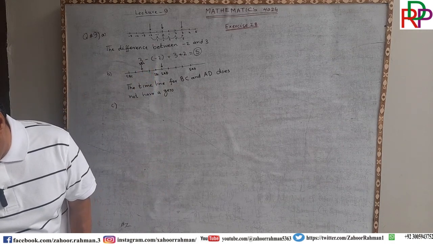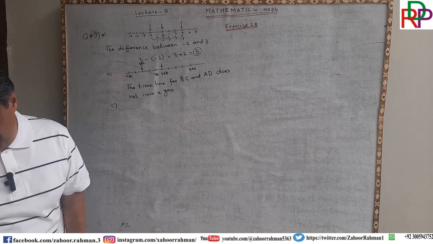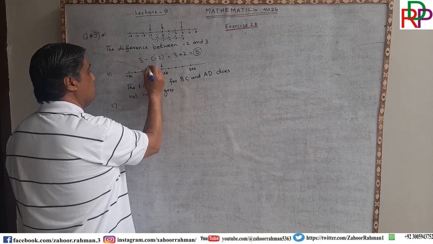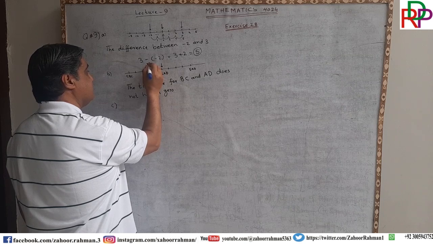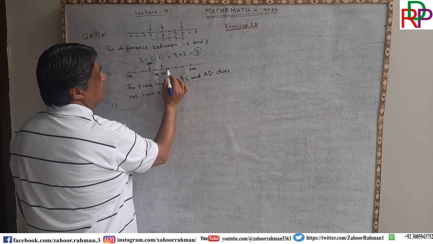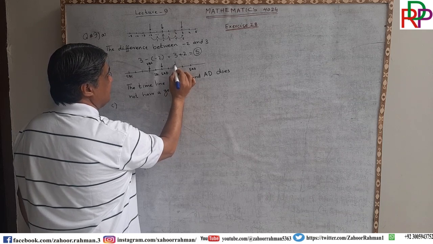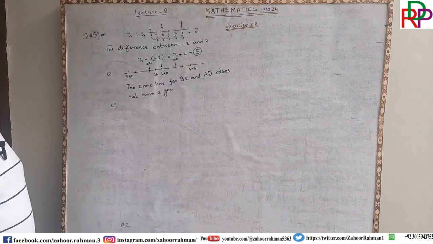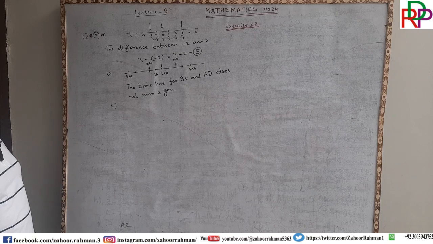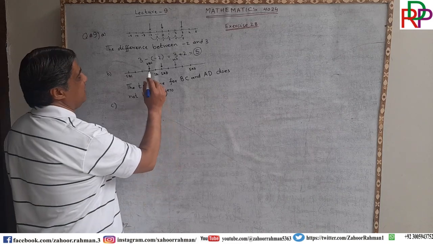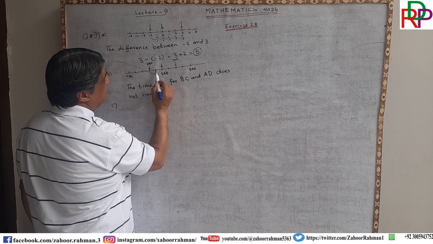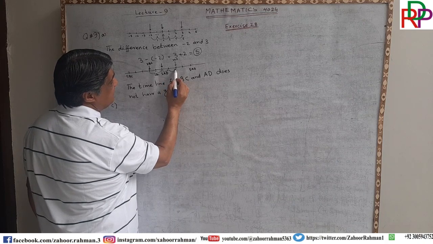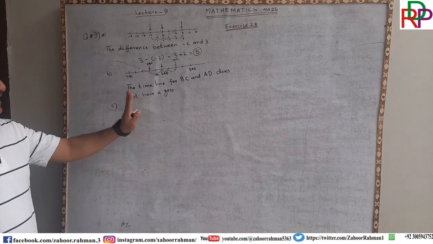And then 1 AD, 2 AD, 3 AD. This is 3 AD. So how many steps will we go towards the right? This is 1, this is 2, this is 3 and this is 4. Technically the answer should be 4.